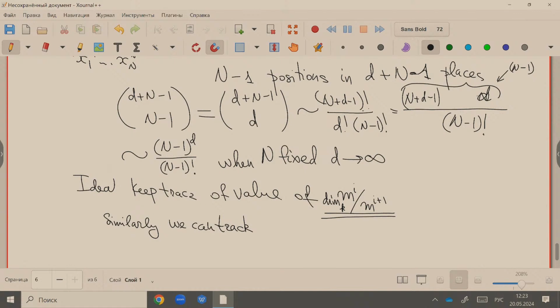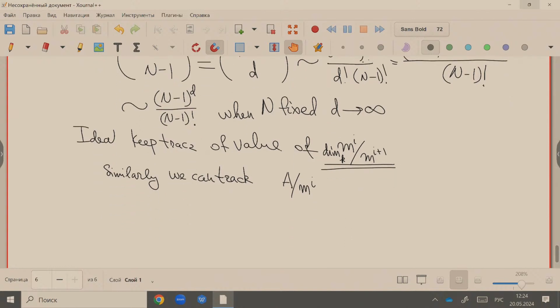Вот, соответственно, so one can keep track of this kind of value, yeah. So, but one also can track a modulo m squared, m i, yeah. But here you have a little bit different situation.